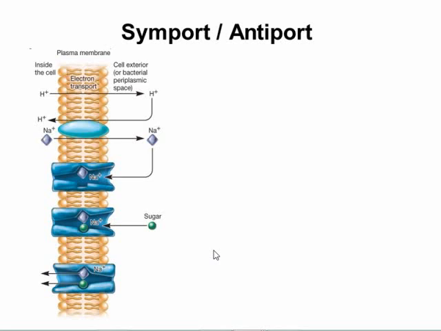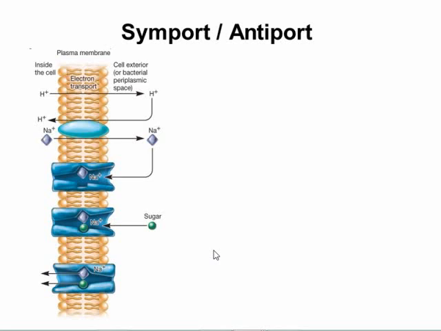So for ABC transporters, the energy input is ATP hydrolysis. Okay, that's simple. For symport antiport systems, the energy input is going to come from a proton or sodium gradient that already exists across the plasma membrane.